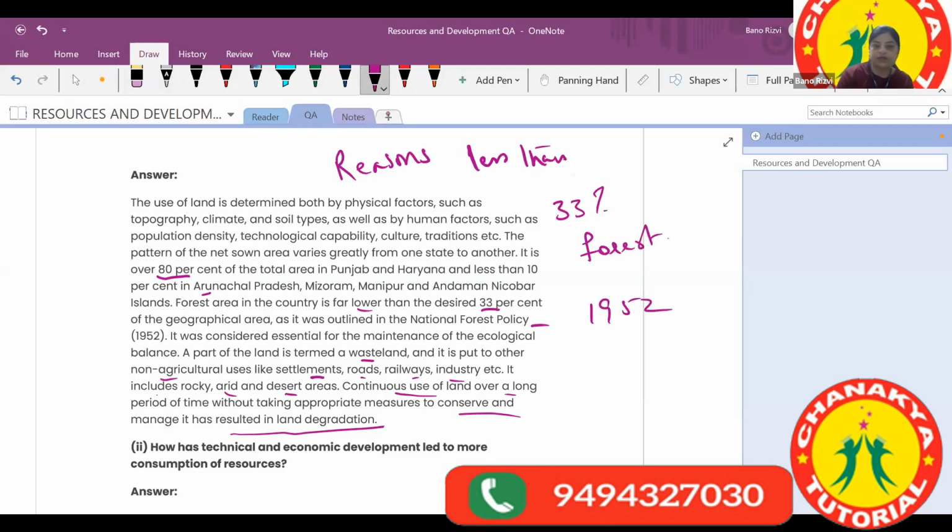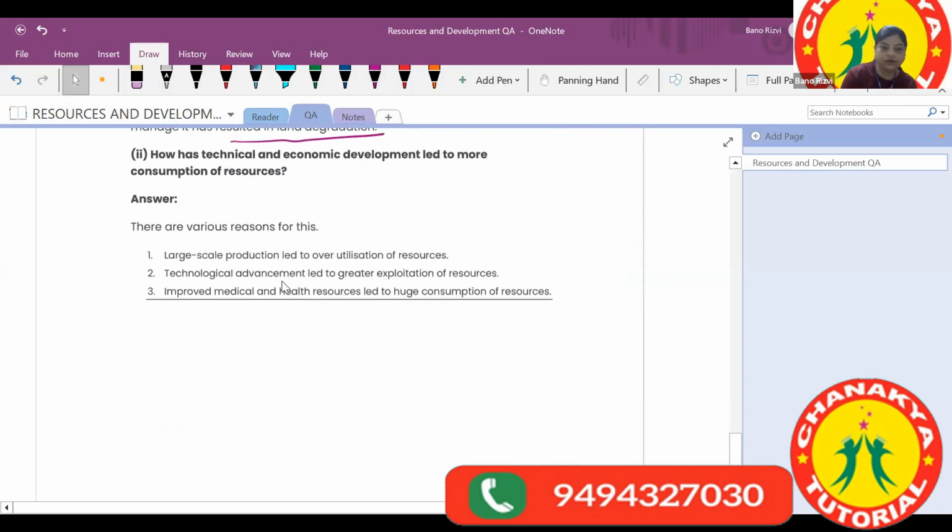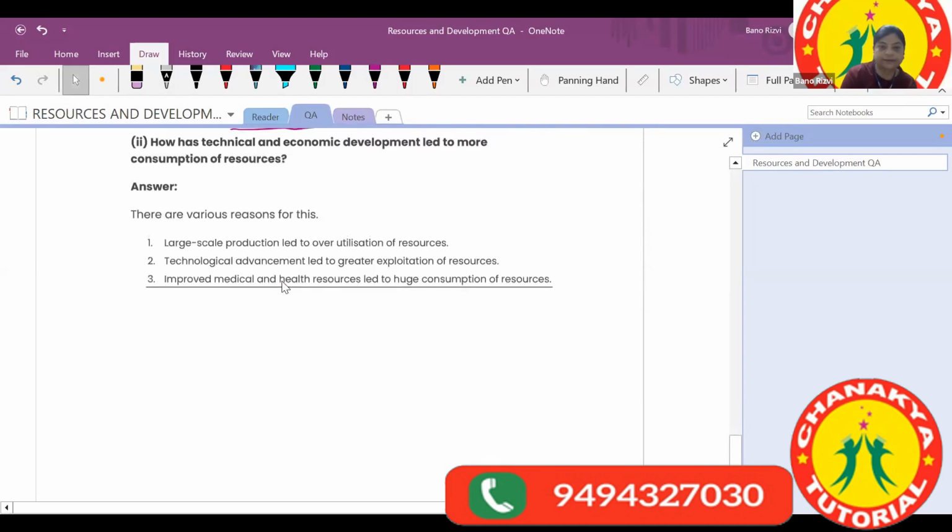Now, how has technical and economical development led to more consumption of resources? There are various reasons for this. The large scale production has led to utilization of resources. Technological advancement led to greater exploitation of resources.